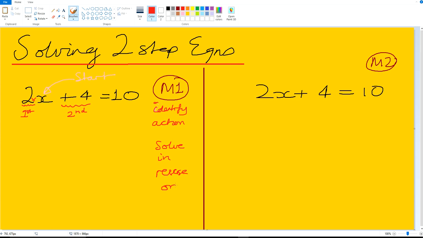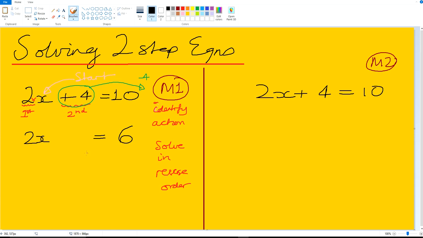If you have 2 things being done, first and second, the second is the last thing, so let's move the last thing first. The last thing to be done to the x was the plus 4. Grab the plus 4 and take it to the other side, so it becomes a minus 4. Let's copy everything else down. So we have 2x is equal to 10 minus 4, which is equal to 6.